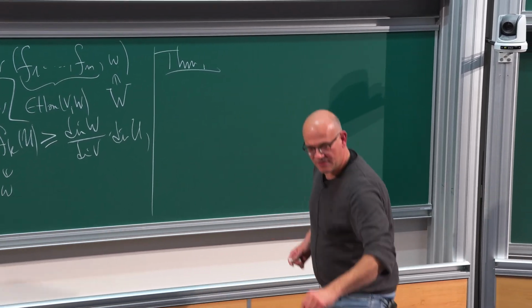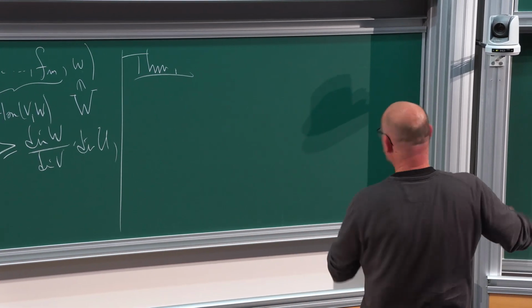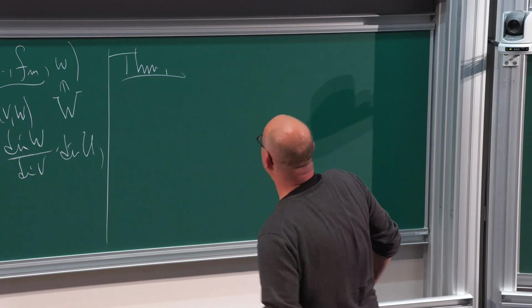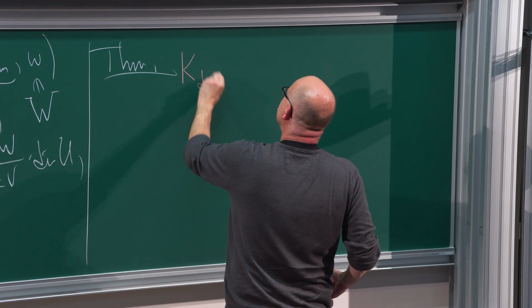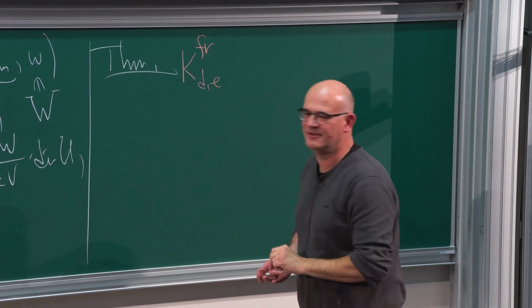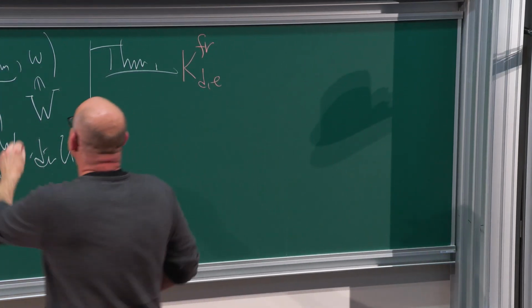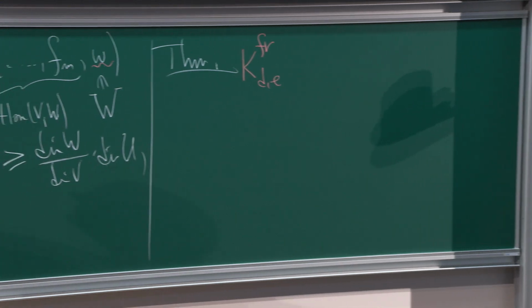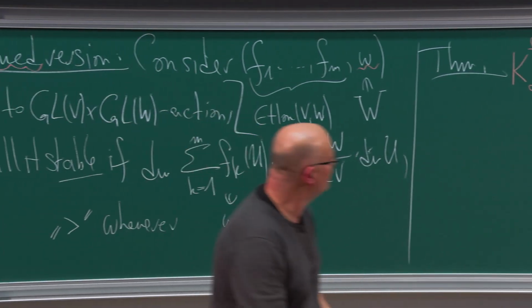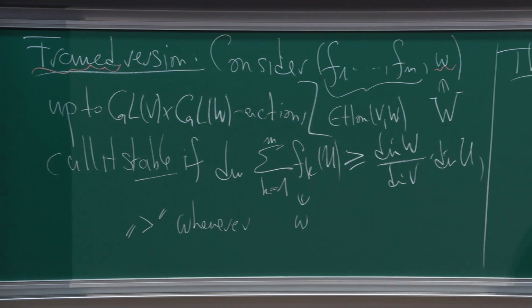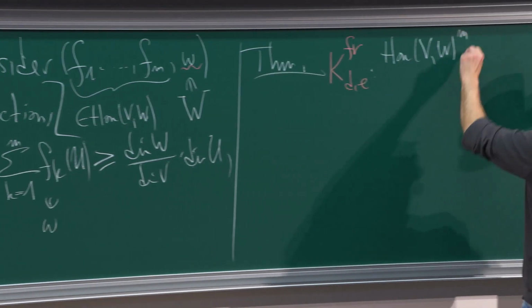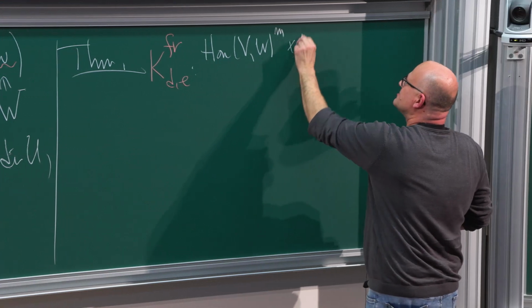So now let me call this, here's the original, now let me call this new moduli space K_{d,e} framed. That's the framing datum, and that's why I call it framed here. And now I take again the whole parameter space. I not only take m tuples of linear maps, but I also take w.